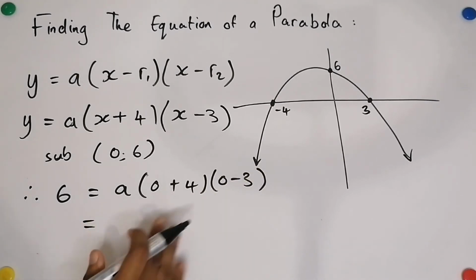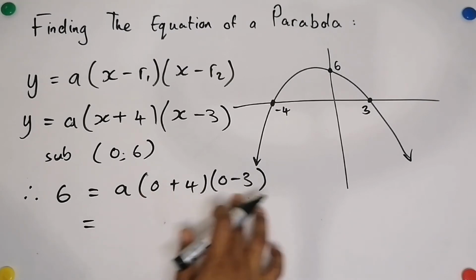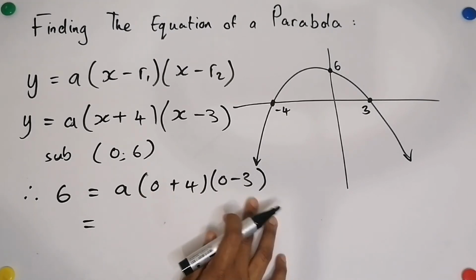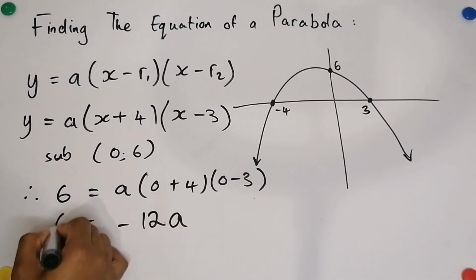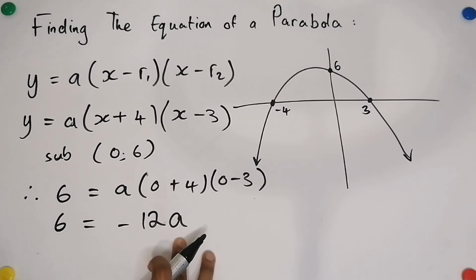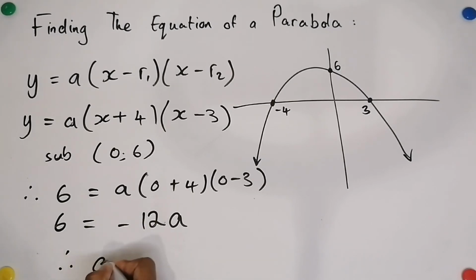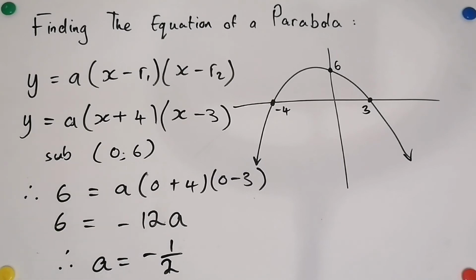Okay, so this is just 4 and that is negative 3. If you multiply 4 with negative 3, you get negative 12. And so here we have negative 12a. Okay, to work out a's value, you will just divide by the negative 12, and a is equal to negative a half. Okay, because 6 divided by 12 is a half, so negative half.